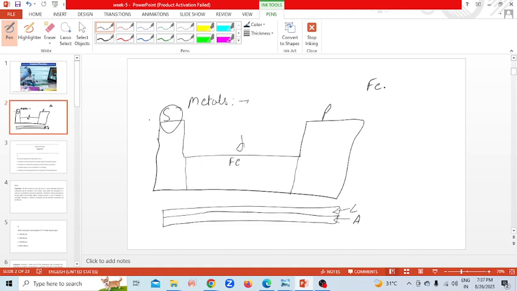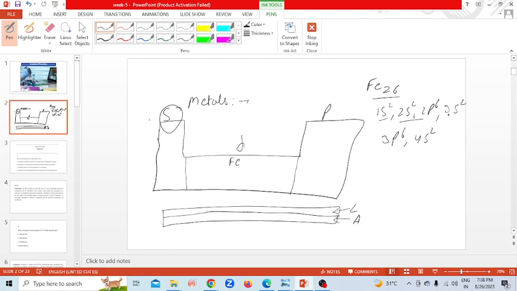So Fe is 26. If you write the electronic structure of iron, it will be 1s2, 2s2, 2p6. The first shell is filled, the second shell is filled, then 3s2, 3p6, then 4s2.